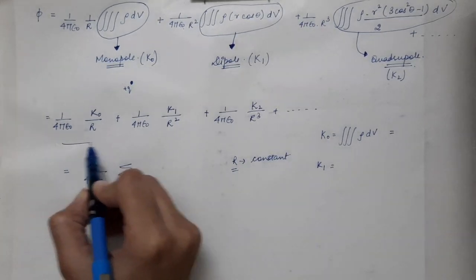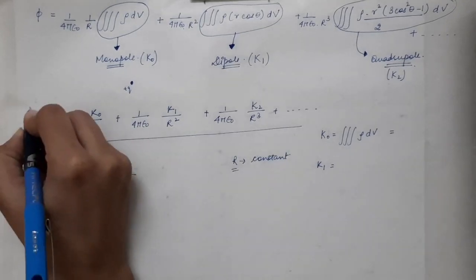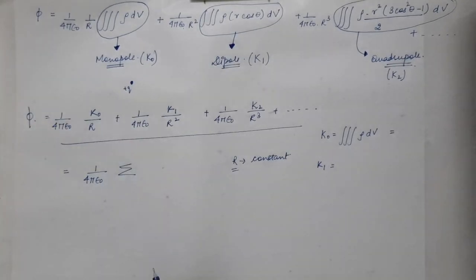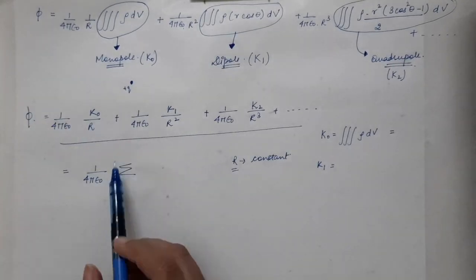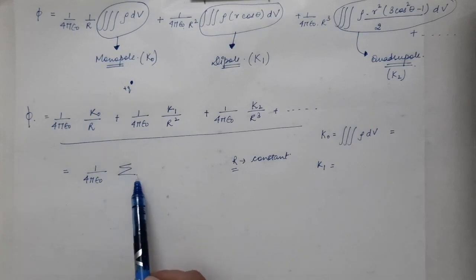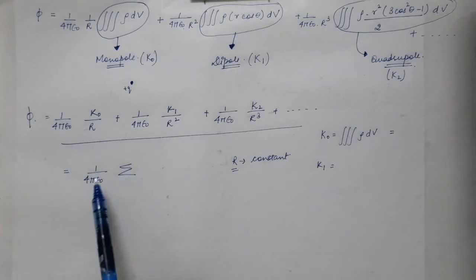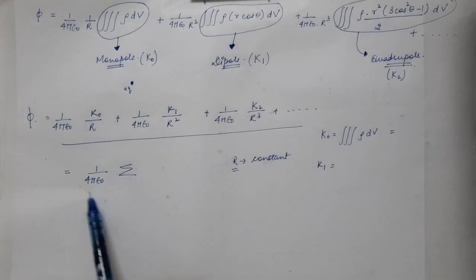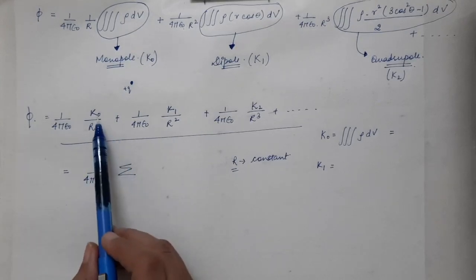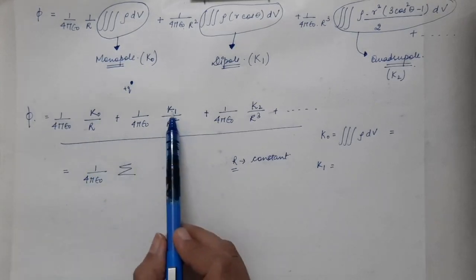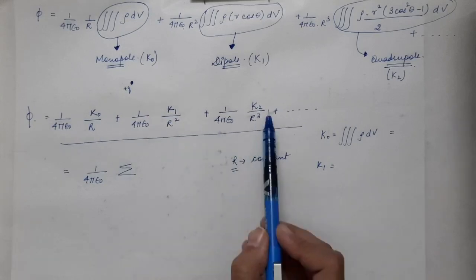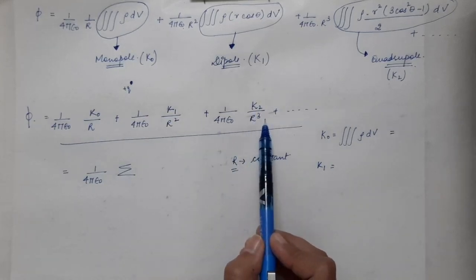Now this whole expansion of potential can be written in the form of a summation. The 1 by 4 pi epsilon naught is constant, so it is written as it is. Now we can write k0 divided by capital R, k1 divided by capital R square, k2 divided by capital R cube.